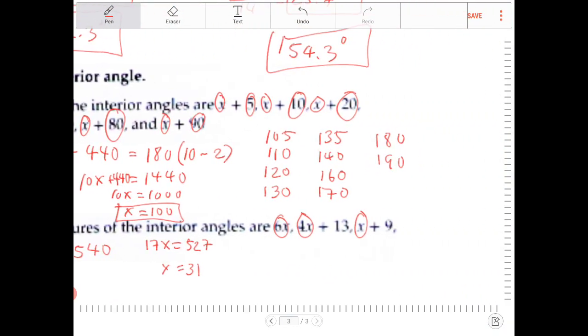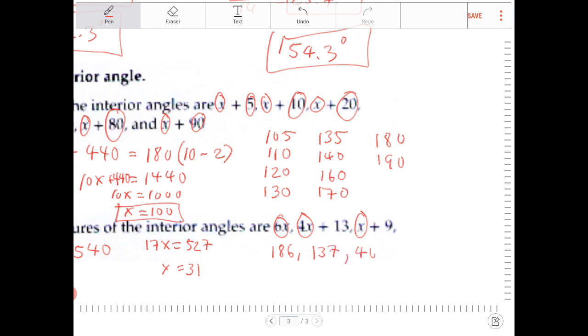So if x is equal to 31, 6 times 31 is 186. 31 times 4 is 124. 124 plus 13 would be 137.